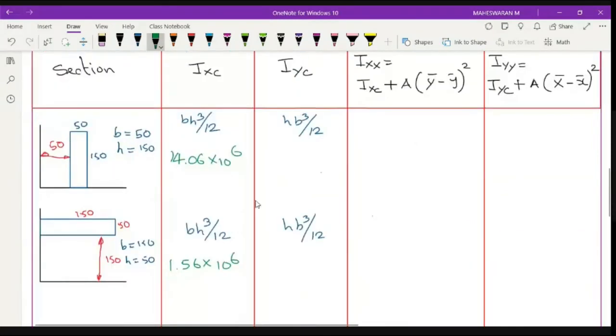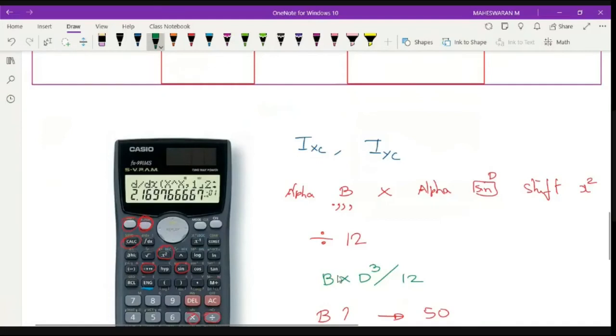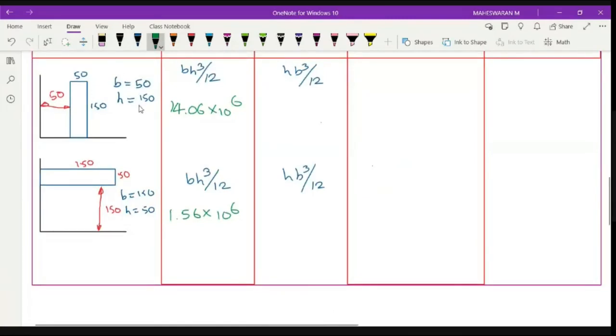Make sure this is the HB cube by 12 formula. There is no change. Whatever value you get, substitute the H value now: H value is 150 and B value is 50. You will get the same, again 1.56 into 10 power 6. Similarly, this one will be 14.06 into 10 power 6.